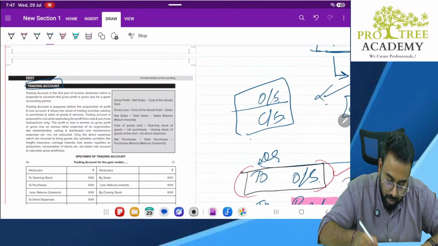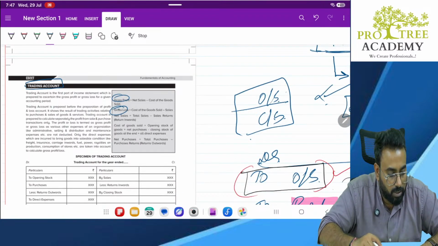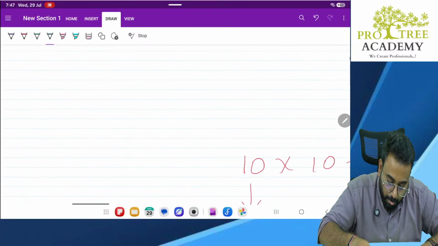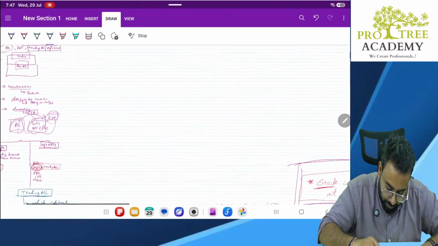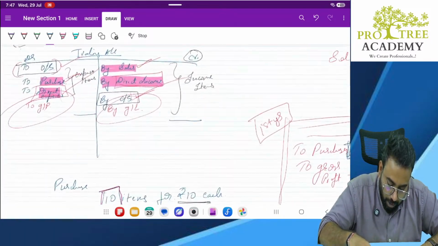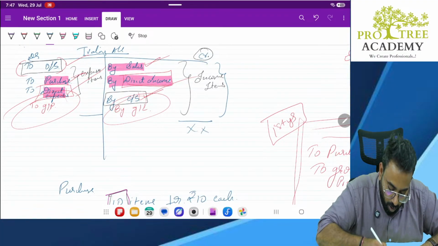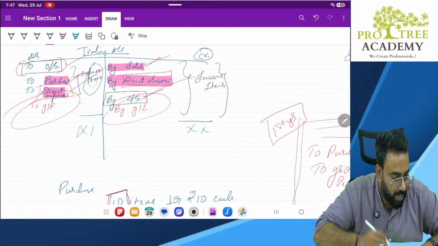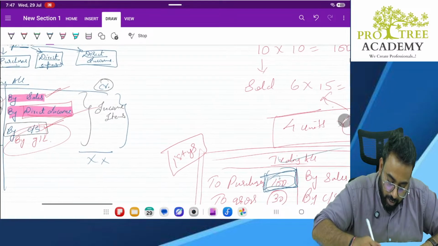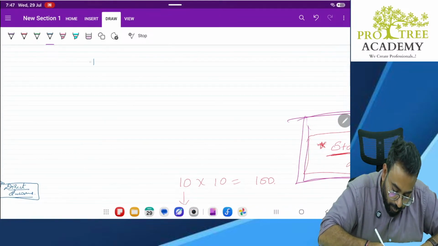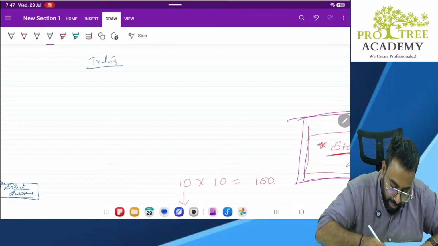Trading account is discussed. We arrive at gross profit or gross loss. Now, if you look at the trading account, when all this side is totaled, then you will get gross profit or gross loss. Correct? So in other words, if I put trading account in a mathematical equation, can I say like this?